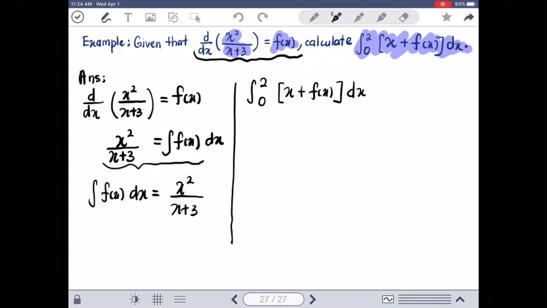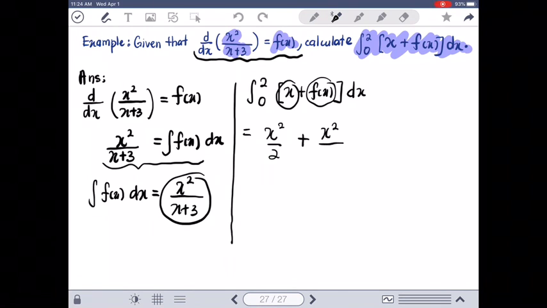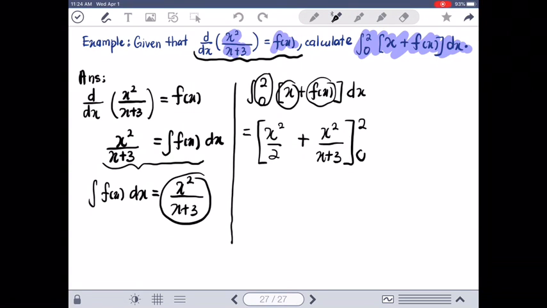Okay, if you want to separate it. If you don't want, then we'll do it straight. So in this case, integration of x is just equals to x to the power of 2 over 2 plus with integration f of x is this one. So x squared over x plus 3 and involves boundary from 2 to 0. So we just write 2 to 0.